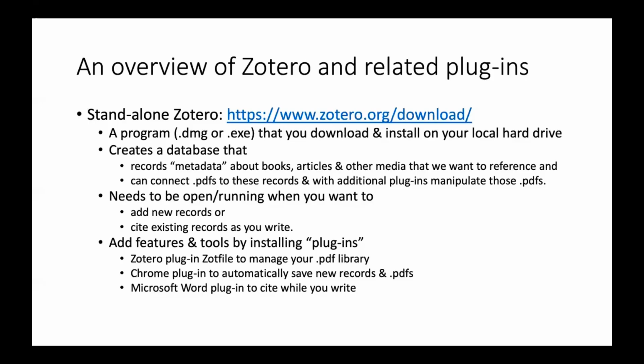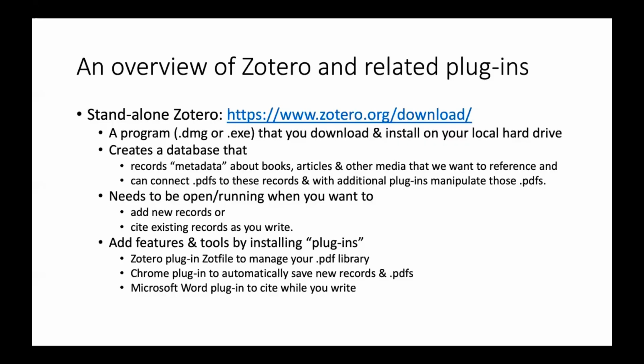So it has a lot of additional features, but the core function of it is to create a local database, kind of like the library catalog on the library website, but this is your private library database that has a bunch of metadata about the articles that you have collected or that you have read or that you want to cite in your work.